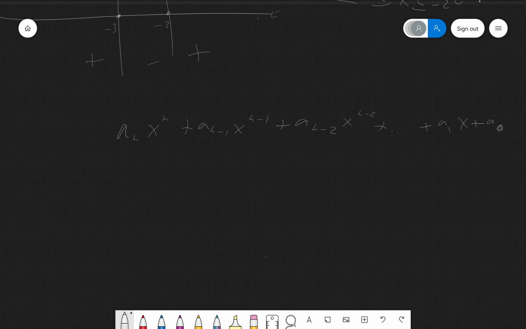Now this might look really complicated, but all it's really saying is that you have some coefficient of x to the highest power, which is usually called the degree. So the degree of p of x is equal to n. And an, an minus 1, an minus 2, all the way to a naught are just numbers.